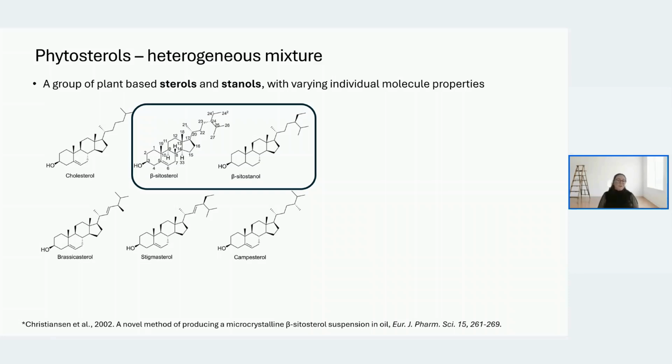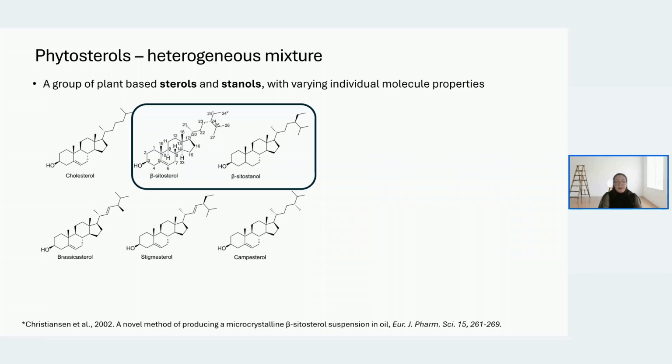So what I want to say is that depending on the used feedstock, the phytosterol properties can slightly vary. And the properties are a combination of these individual phytosterols and phytostanols. So it's good to remember that this is a really challenging and heterogeneous material that we are working with.